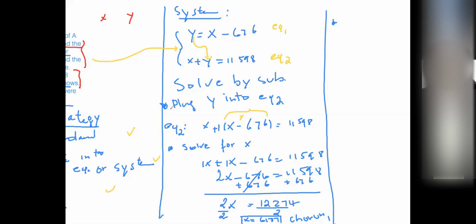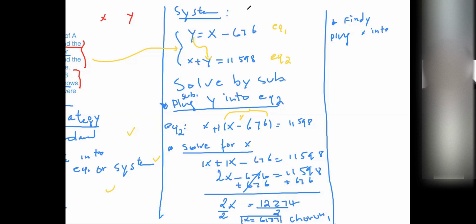So you use the first equation, right? That's right. The y equals x minus 676. So find y. First step again, plug or substitute x into one equation. Plug or substitute, that's why it's called the substitution method. Solve for the resulting variable, then find the other one. Now that we have x, plug x into one of the two equations.